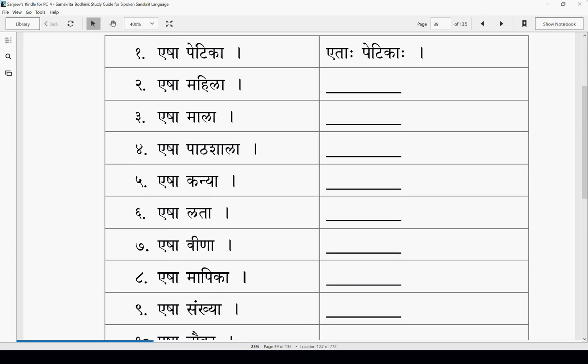Kanya: girl, young girl especially. Lata: creeper. Veena: a string musical instrument. So again we are picking up only those words ending in a, looking at their bahuvachana forms, which are all similar: mahilaha, malaha, kanyaha, etc.